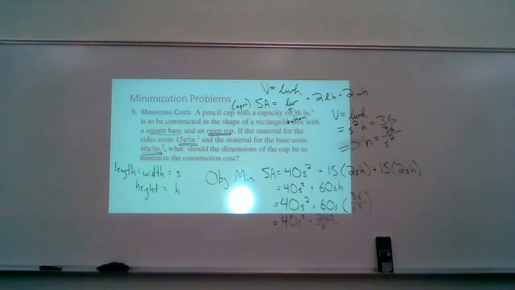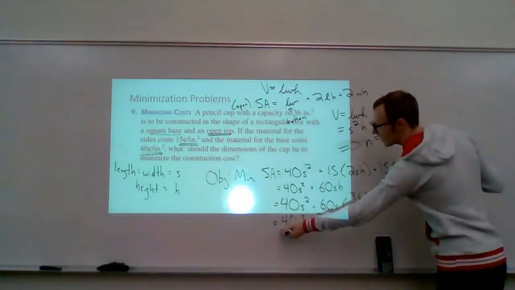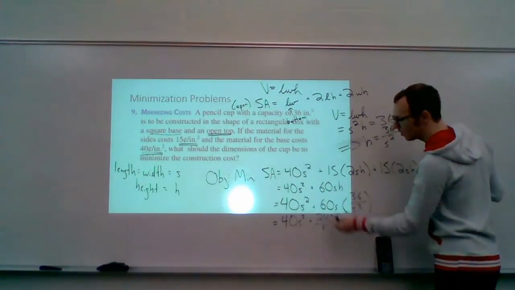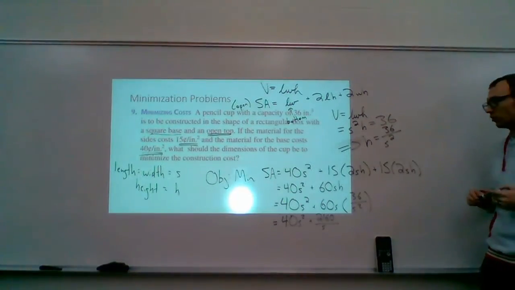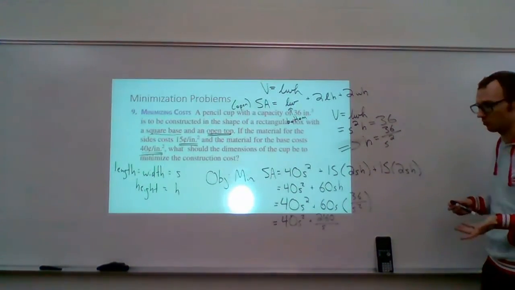I'm trying to minimize the function 40S squared plus 2160 over S. So to do that, I'm going to take the first derivative test.